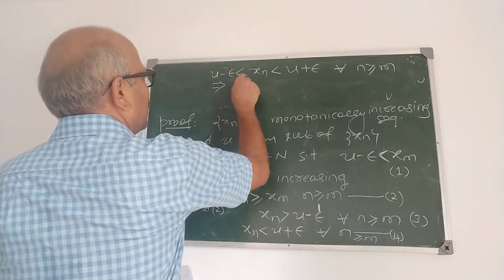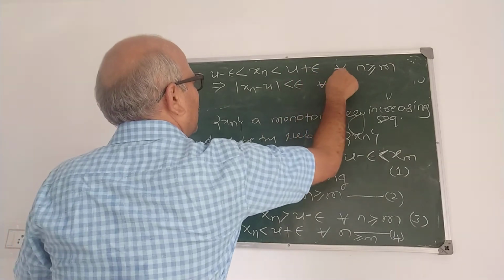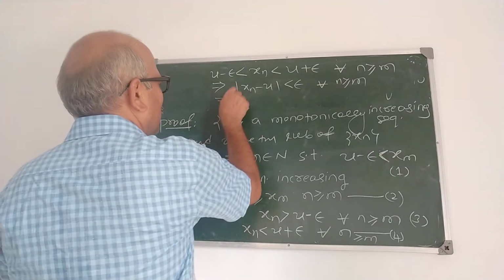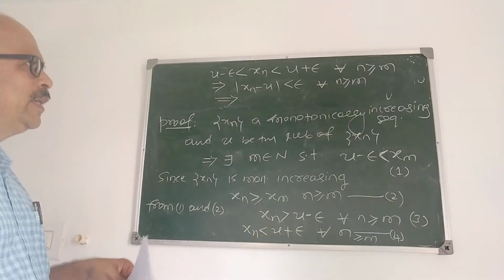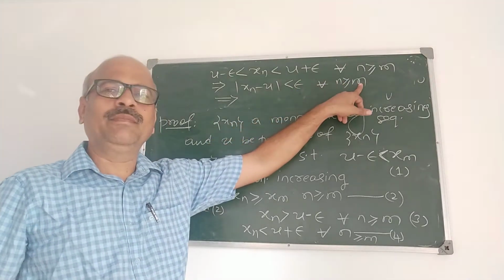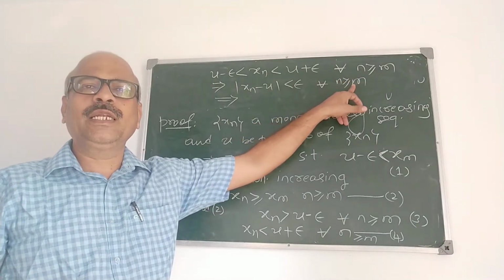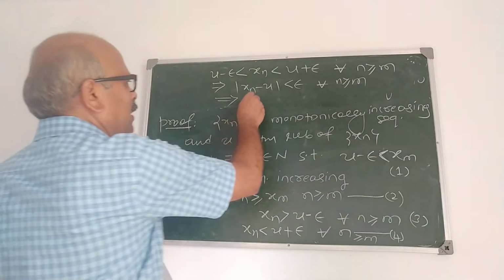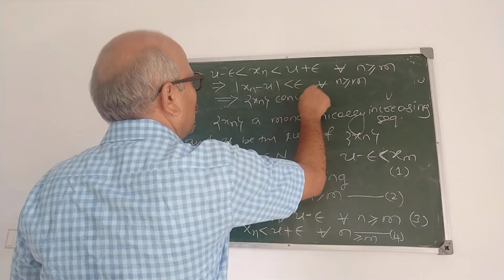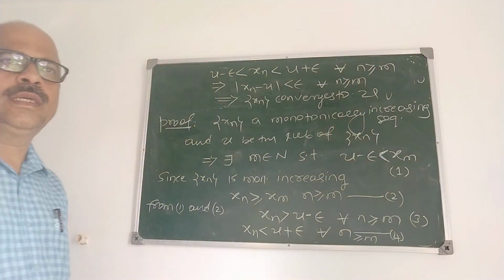This implies mod xn minus u is less than epsilon for all n greater than or equal to m. You have studied the definition of convergence of a sequence: xn converges to L if for epsilon greater than 0 there exists m so that mod xn minus L is less than epsilon for all n greater than or equal to m. Now this implies the sequence xn converges to u, the least upper bound.